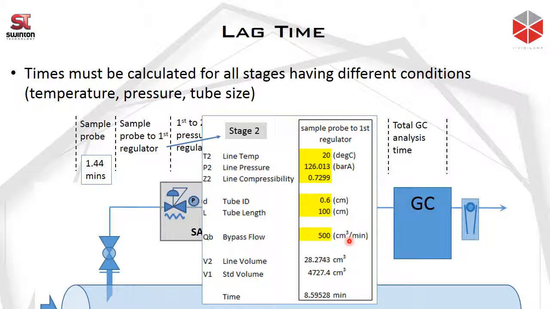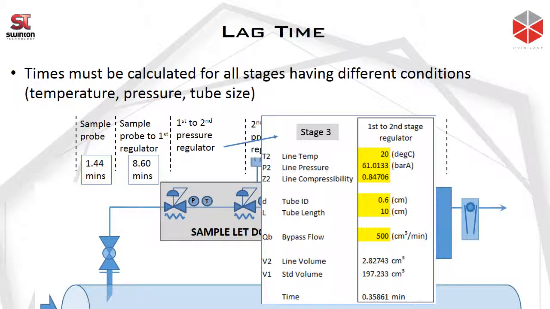We still include the bypass flow, and so calculate the volume at these conditions in the same way, and also the standard volume using the derived formula, and the time is the standard volume divided by the total flow. So this particular stage contributes 8.6 minutes to the total lag time.